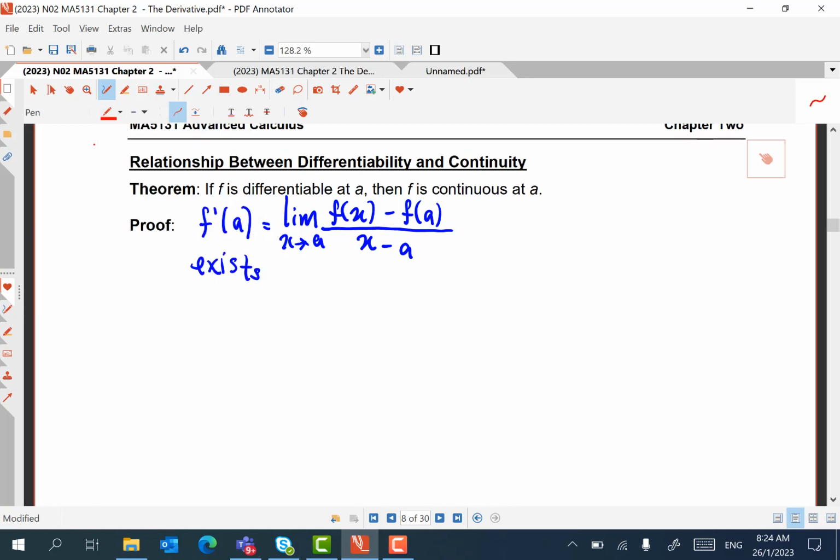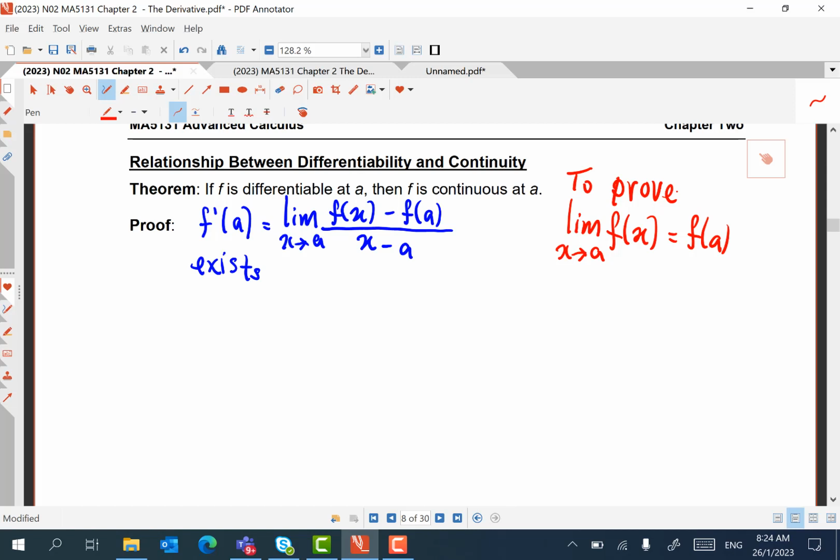And then you want to prove that it is continuous at a, which means you want to prove that this is true.